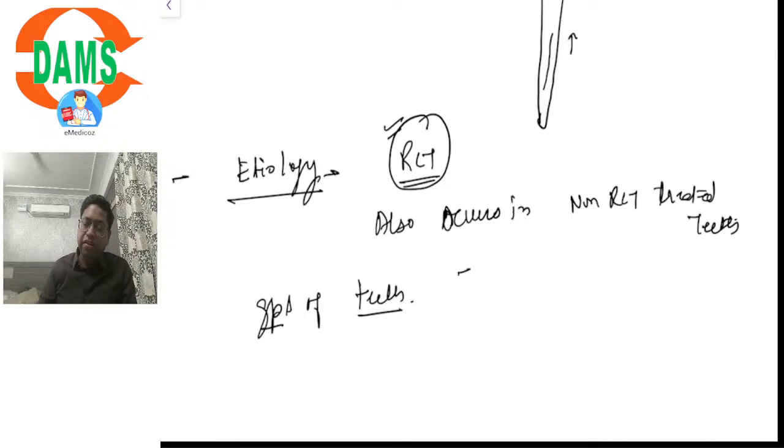They are the maxillary and mandibular premolars.